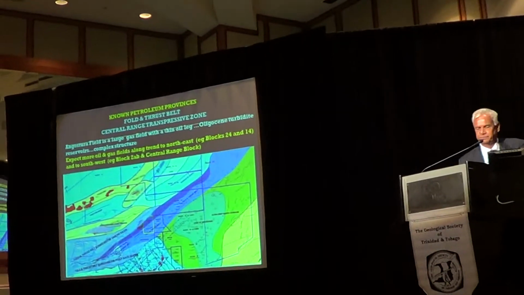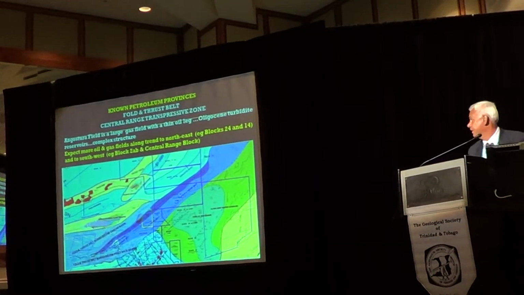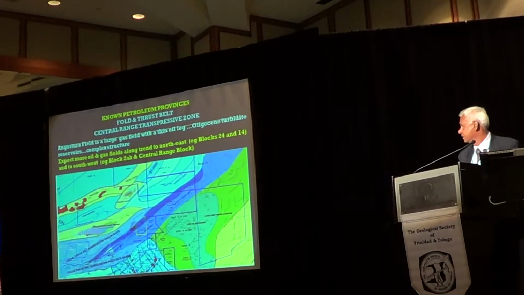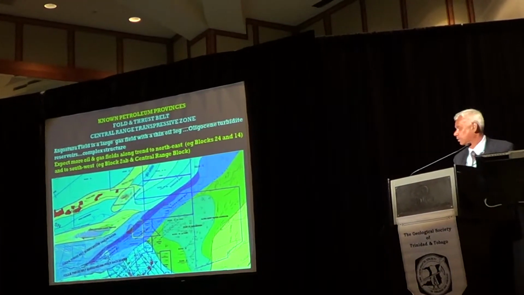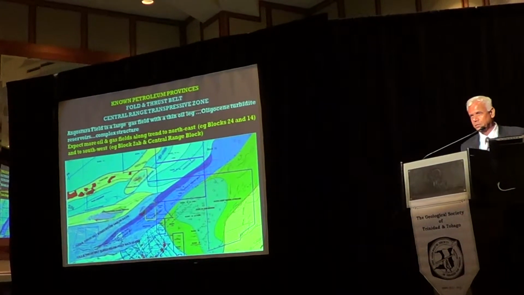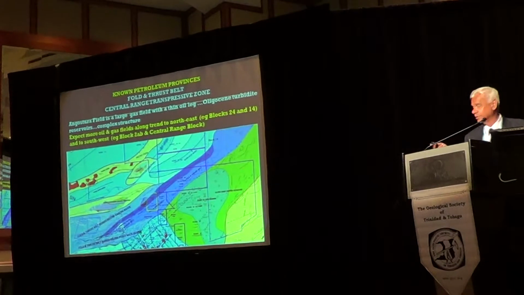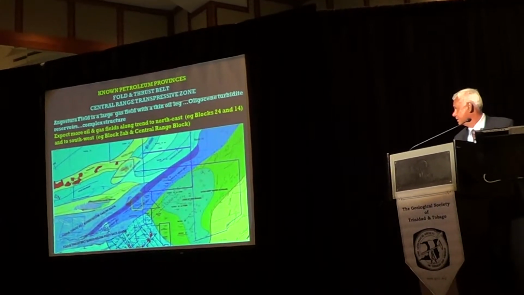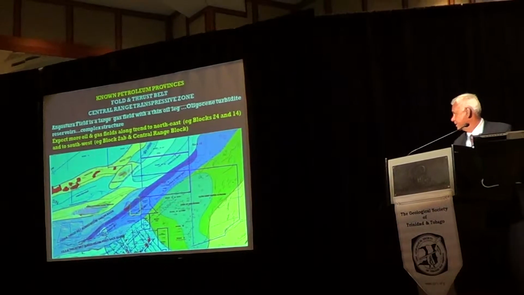It's a complex structure. And that's the first discovery that has been made along the central range transpressor zone trend, which is within the fold and thrust belt, but it's deformed, of course, by the late transgression movement. East-west movement here translates into transgression in this area.